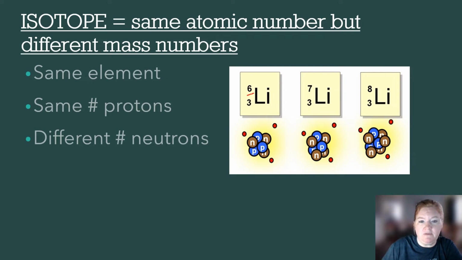The mass numbers are different, 6, 7, and 8. How do I find the number of neutrons? I do subtraction for this problem. So I'd have 3 neutrons here, I would have 4 neutrons here, and I would have 5 neutrons. So isotopes are atoms of the same element that have a different number of neutrons.